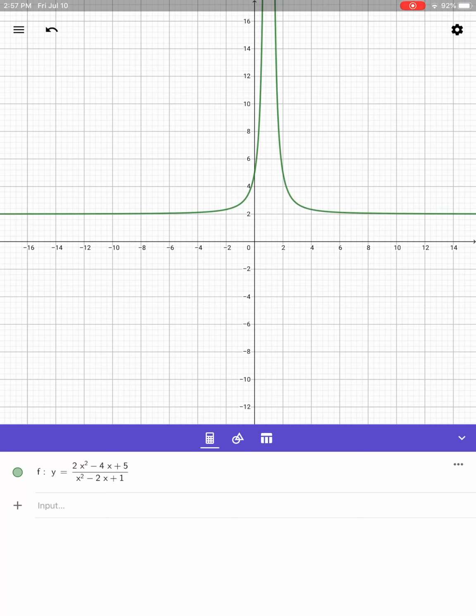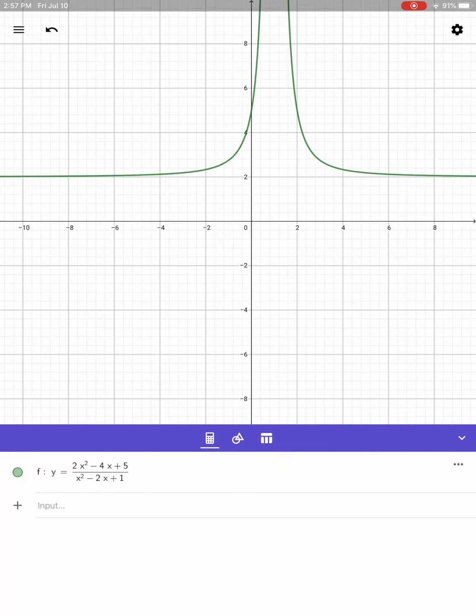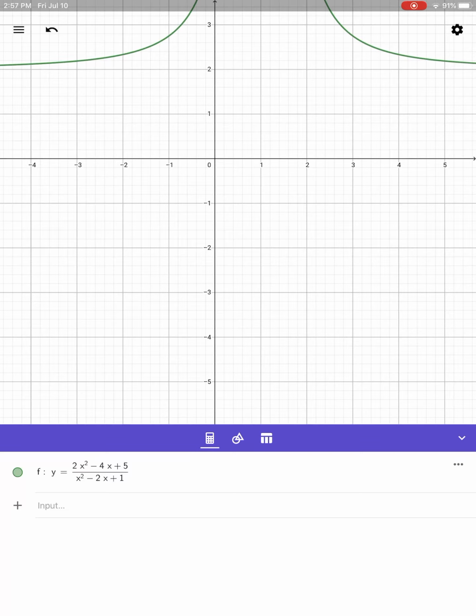Our vertical asymptote was x is equal to 1, which lies somewhere between 0 and 2, and it is marked here as the vertical line. The horizontal asymptote is the value that y approaches as x tends to plus or minus infinity.